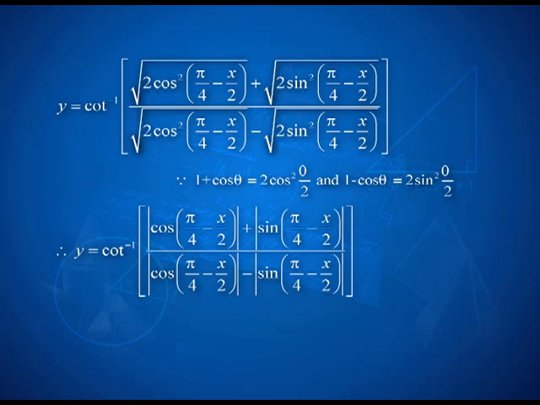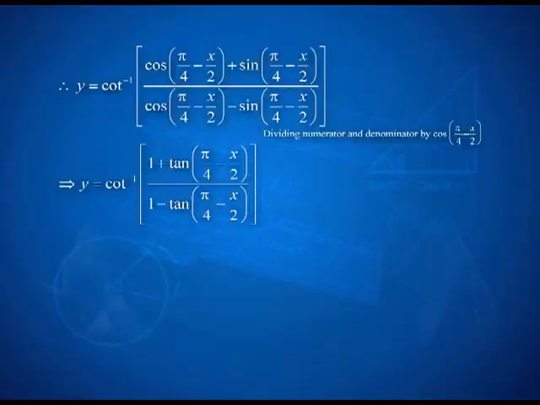Now, this is an expression which we have worked with a number of times and know that this can be rewritten as cot inverse of 1 plus tan of pi by 4 minus x by 2 upon 1 minus tan of pi by 4 minus x by 2. In case you have forgotten, what we do is divide numerator and denominator by cos of pi by 4 minus x by 2.